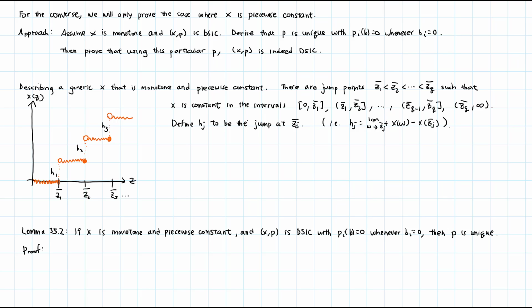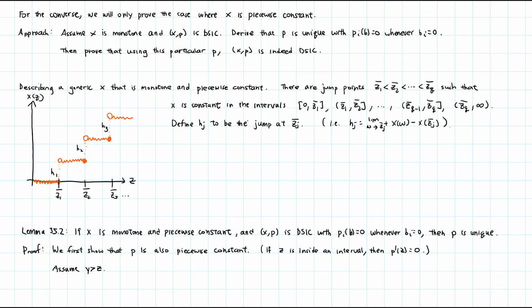For our proof, we will derive the formula for p one piece at a time. We first show that p is also piecewise constant. This means that if z is inside an interval, the derivative p prime of z is 0. Have I mentioned that there might be some calculus in this lecture? We now assume that y is strictly greater than z.